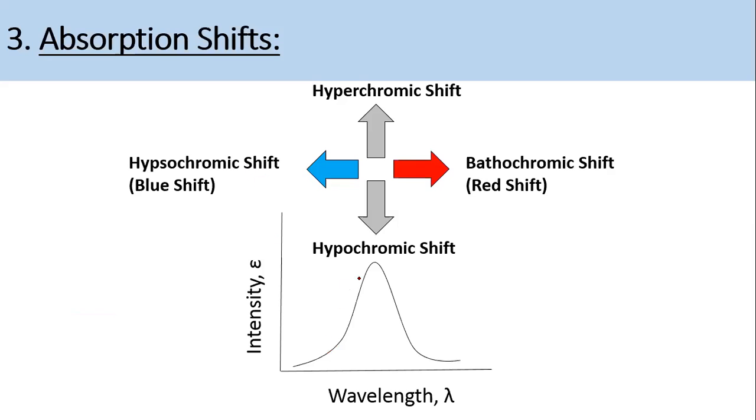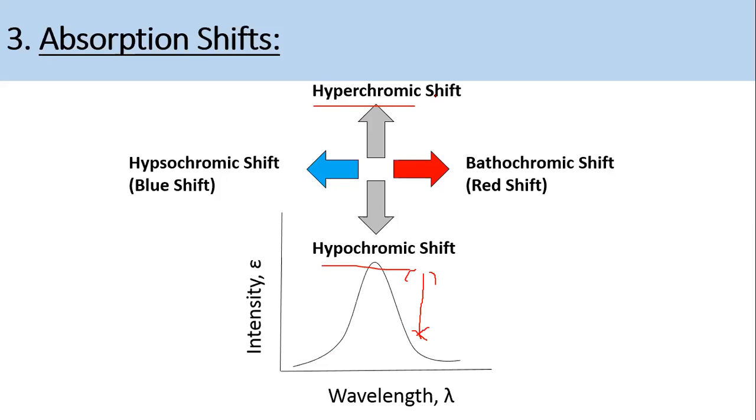Now, when the intensity or peak height is altered, meaning the height is either increased or decreased, such shifts are categorized into two types: hyperchromic and hypochromic.